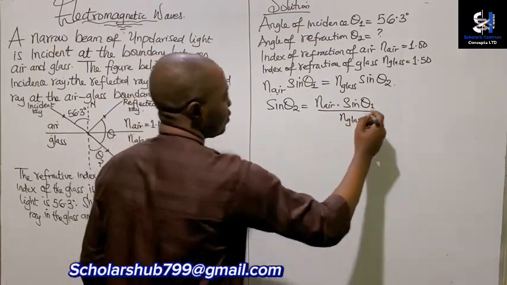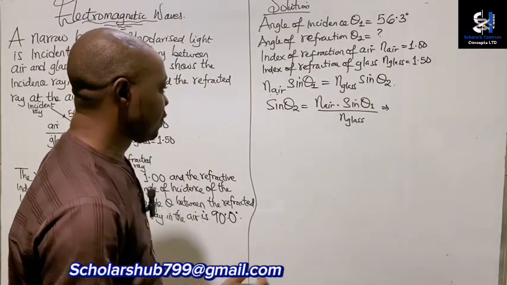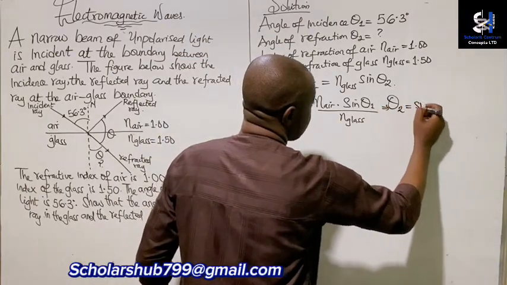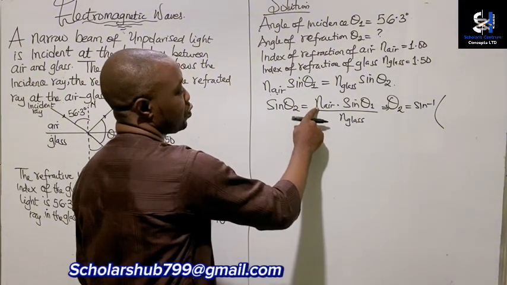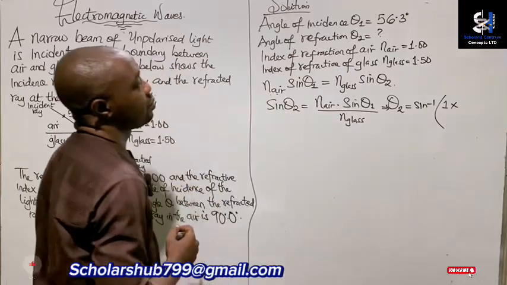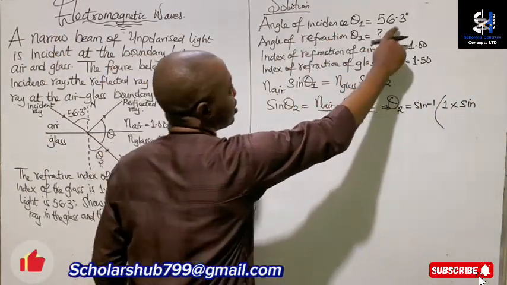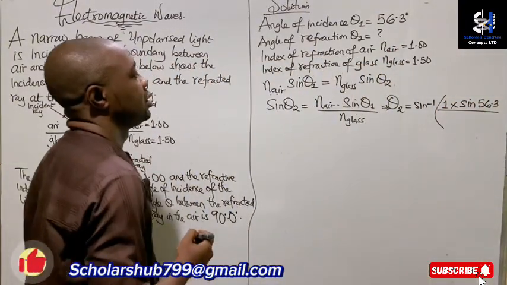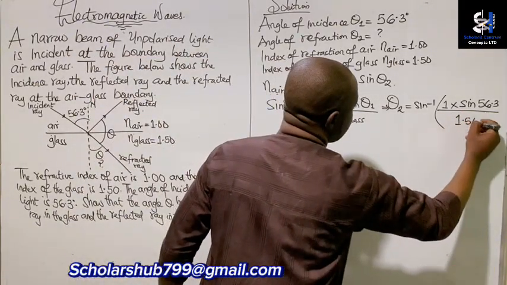Sine of the angle of refraction is the sine of the angle of incidence over the refractive index in glass. So the angle of refraction is the inverse sine of the index of refraction of air, which is 1.0, multiplied by the sine of the angle of incidence, which is 56.3, divided by the index of refraction in glass, which is 1.50.